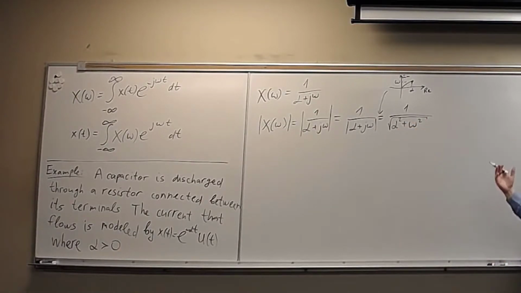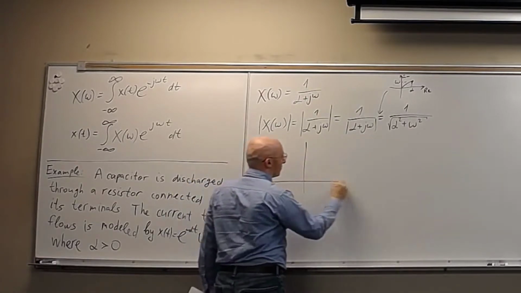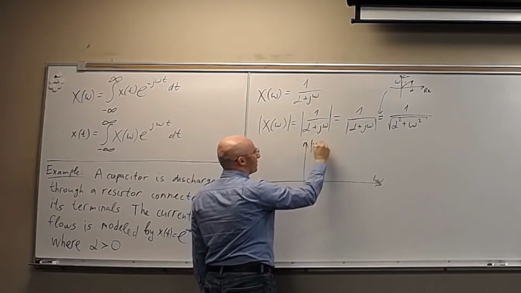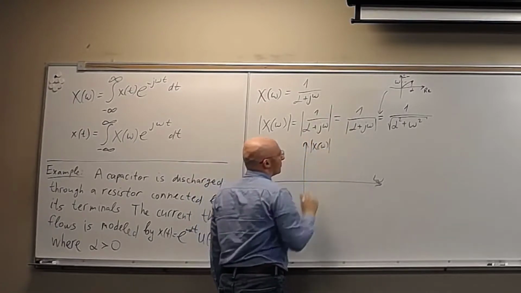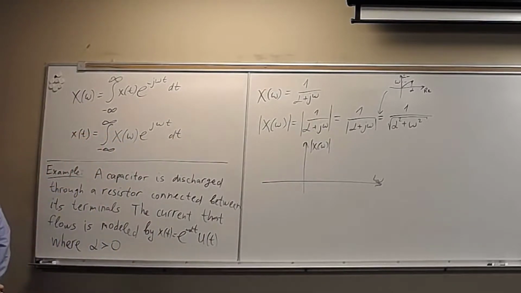Okay, now how would you plot that thing? This is your omega, and here you need to plot that thing. How would you start to plot that kind of thing? How should it look?